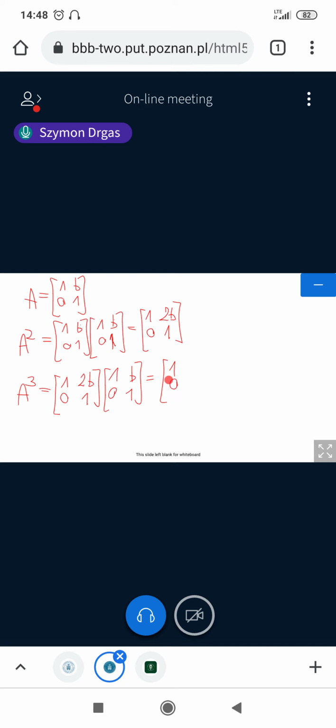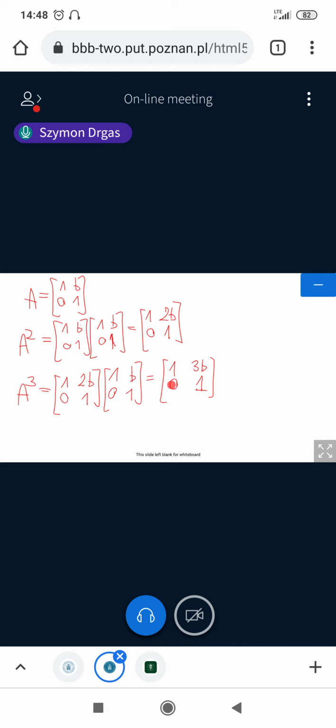So the first column will be 1, 0, and the second will be B plus 2B, so it will be 3B. So for the next powers, we will always add another B to this element, and then we have 0, 1, 0, 1, so it means that it will always stay the same.